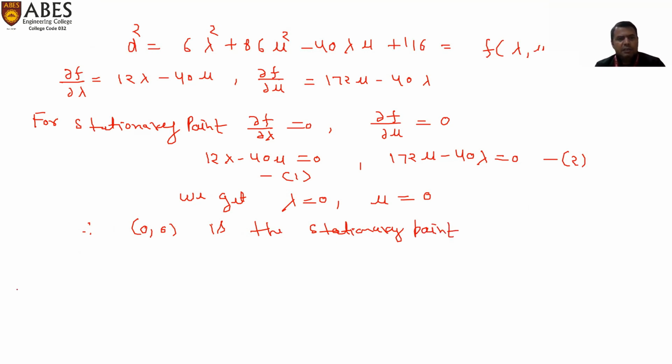Now we calculate R, S, and T. So R equals del square f over del lambda square. We differentiate del f over del lambda again with respect to lambda. So we get 12.